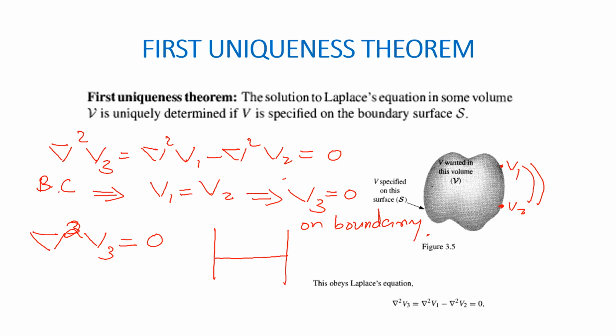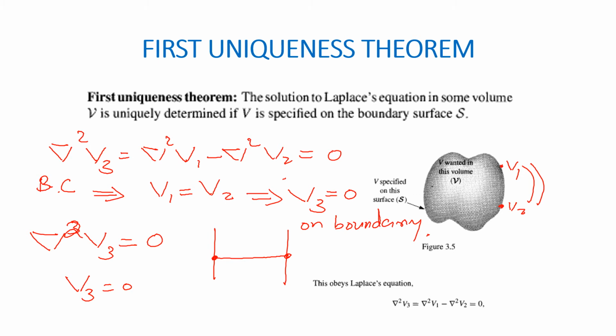So the Laplace equation gives a condition that V3 has its maximum or minimum value, the extremum value, on the surface, and we already got that V3 is equal to 0 there. That means the extremum value of V3 is 0, so its maximum value is 0 and its minimum value is 0.